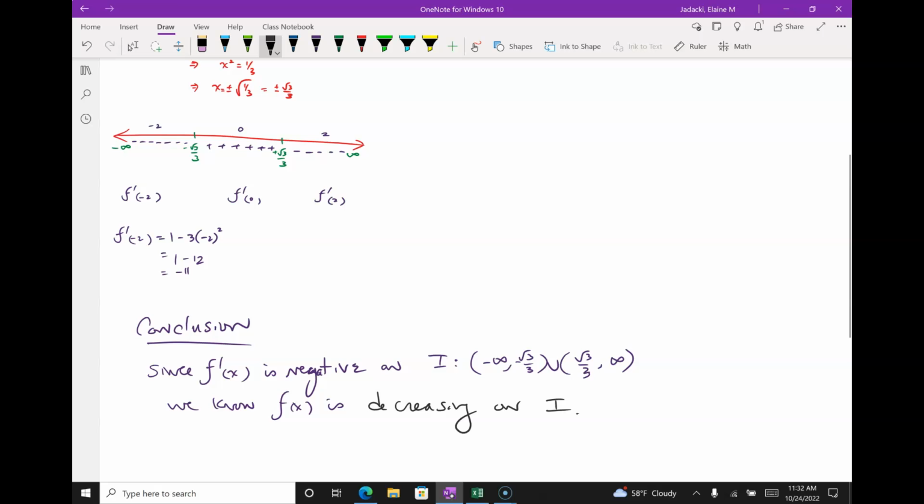So again, when I first start the problem, I'm looking at f to tell me something about f prime. But now, once I have my f prime test done, I'm using f prime to tell me something about f. Does that make sense? I'm using the derivative to tell me something about the function.